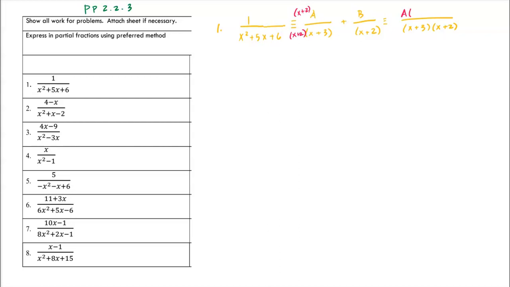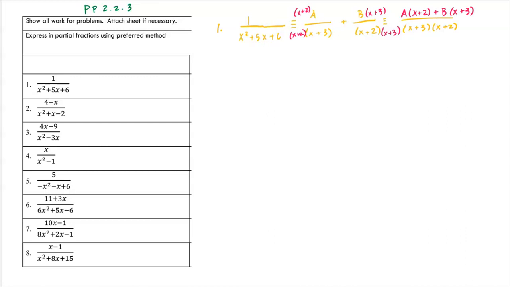So A times x plus 2 over here. What's missing is the x plus 3 right there, so we multiply by x plus 3 over x plus 3. So that's plus B times x plus 3. Perfect.